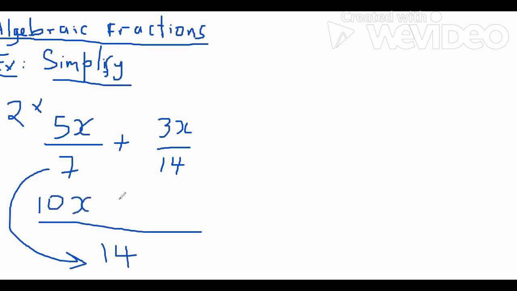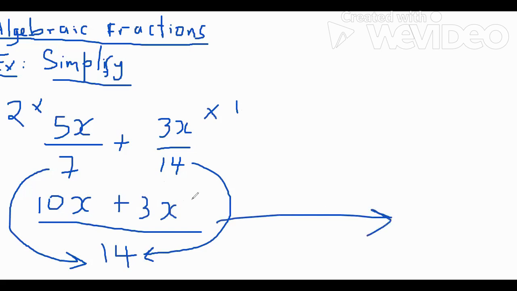Then 14 into 14 goes 1 time, and 1 times 3x is 3x. These are variables, so you can add them. So the answer is 13x over 14. And that is your answer.